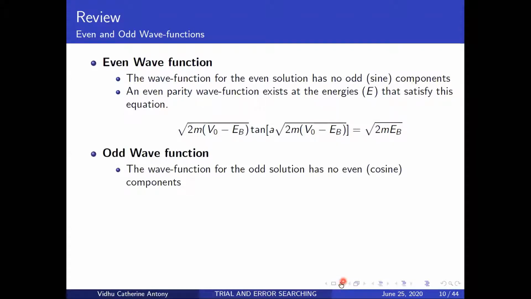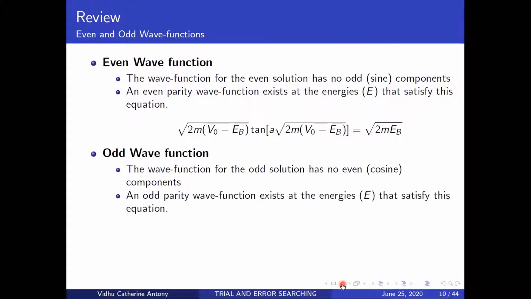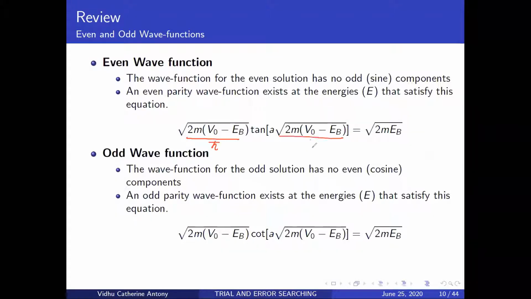Similarly for the odd function, you do not have any cosine components, only sine components, and for that you have this kind of equation. This is a transcendental equation, not a wave function. If you remember the derivation, you actually have a over h bar in all these terms.